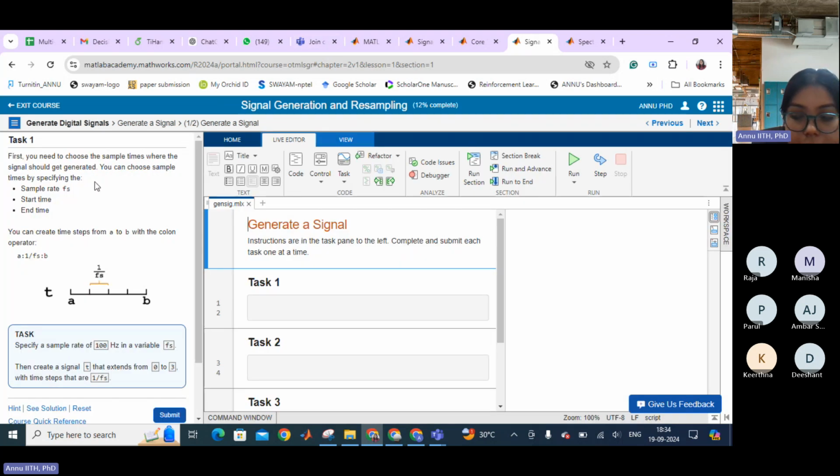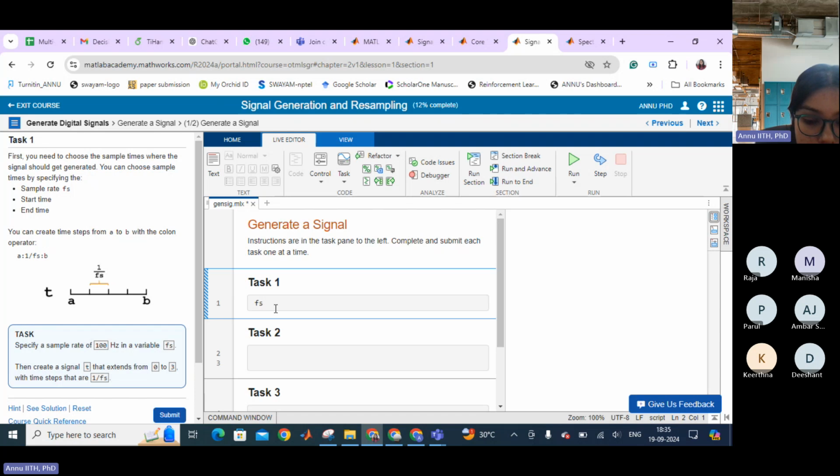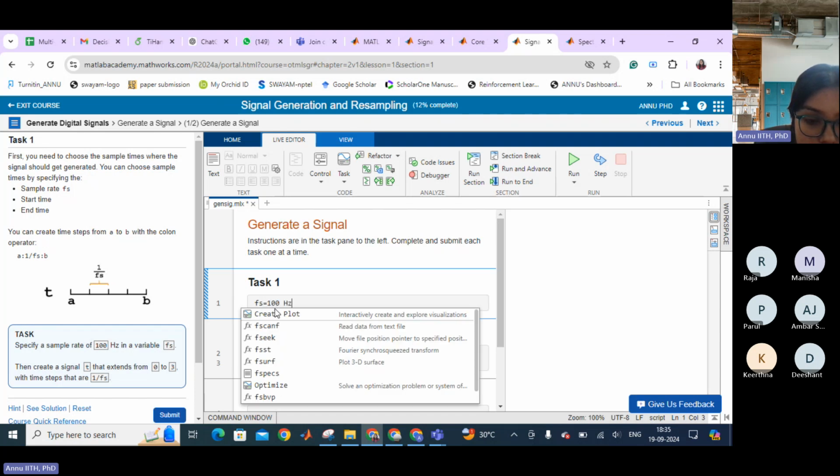So the first task is to choose the sample times where the signal should get generated. You can choose the sample times by specifying the sample rate, start time and end time. So suppose task one: Fs is 100 hertz.